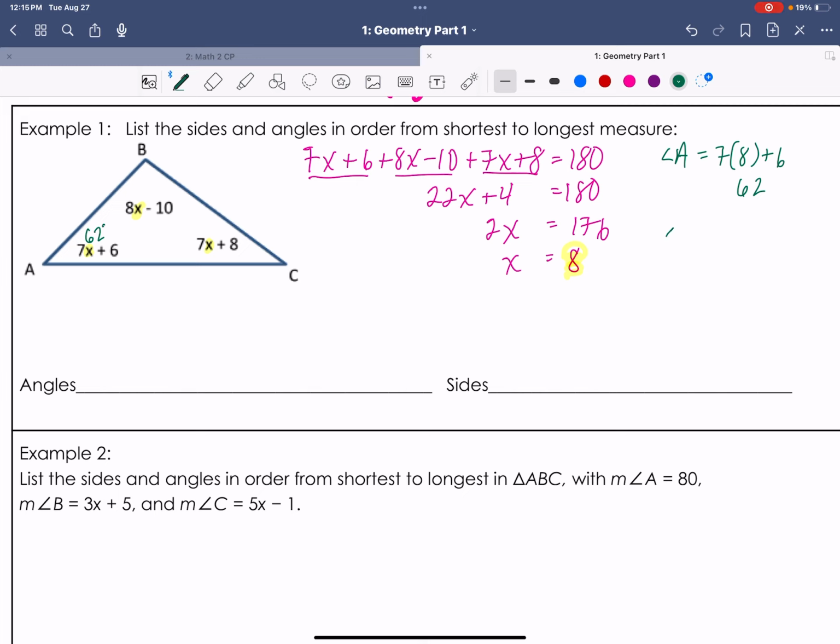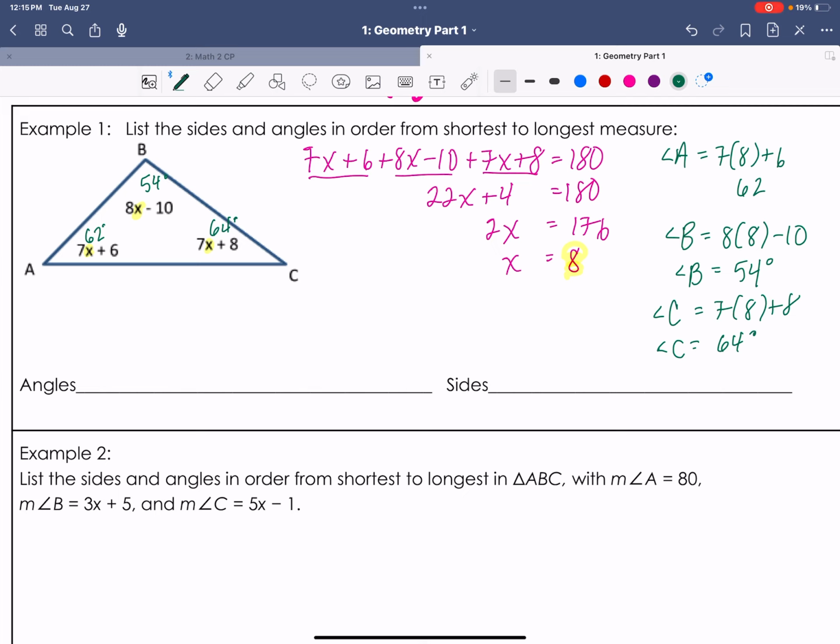Angle B is 8 times 8 minus 10, so angle B is 54 degrees. And then angle C is 7 times 8 plus 8, so that's going to be 64. All right, so this is 64, this is 54.